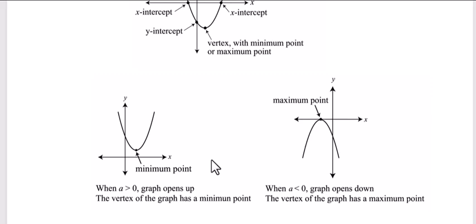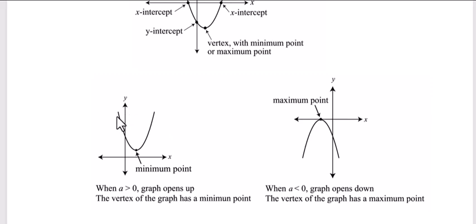We look at this demonstration here. When a is greater than 0, referring to the quadratic equation, the graph opens up and the vertex of the graph has a minimum point.